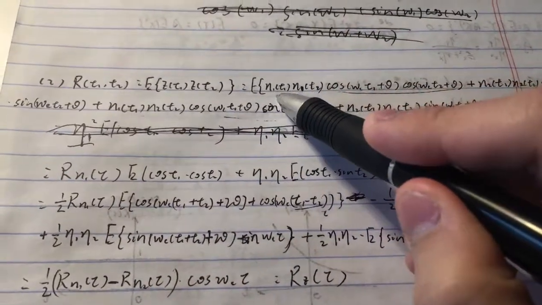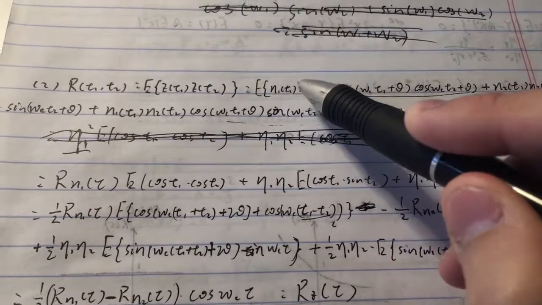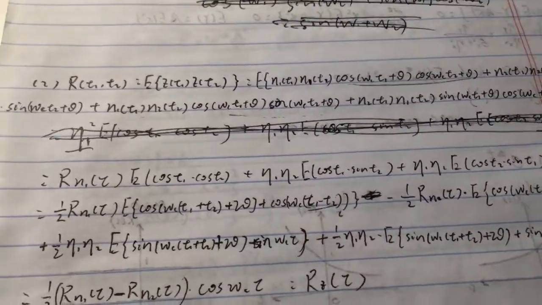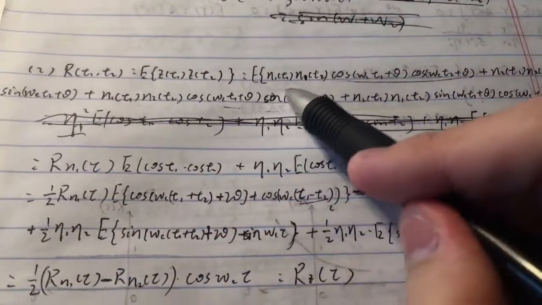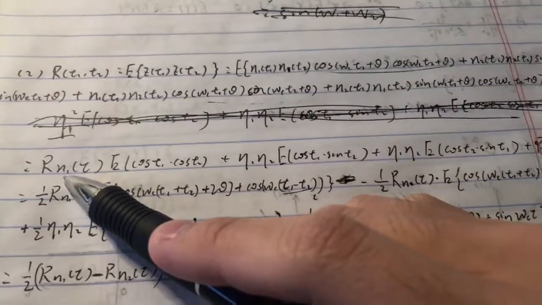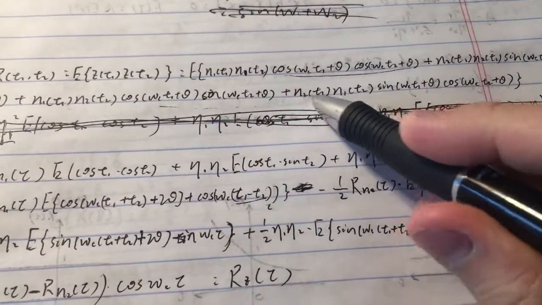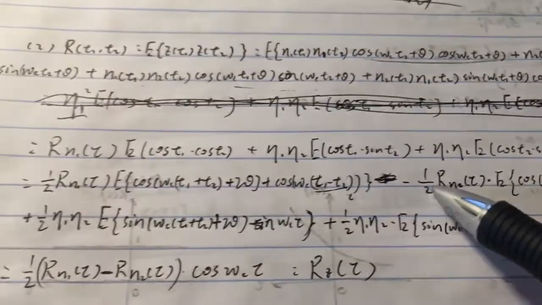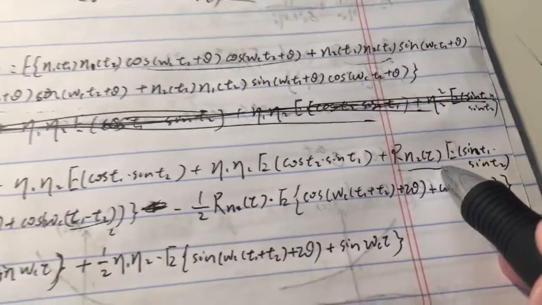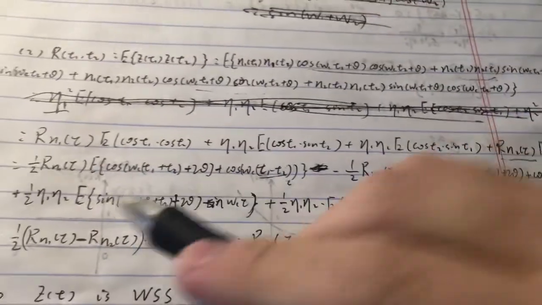Because m1(t1) and the others are wide-sense stationary, we know that this should be the autocorrelation of m1, and this should be the autocorrelation of m2, and we got this. Then we do the transformation of the formula.